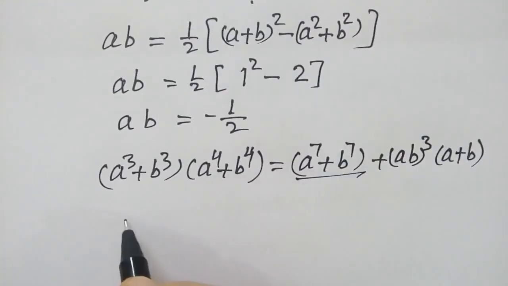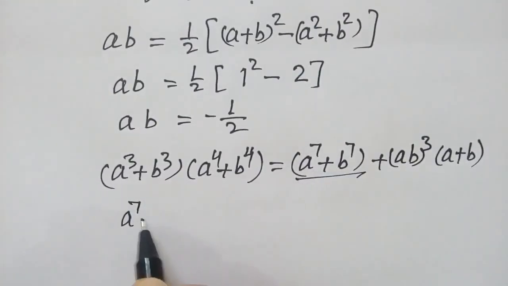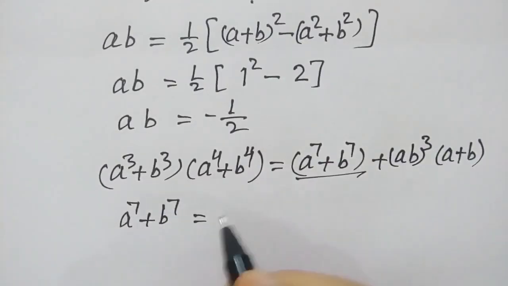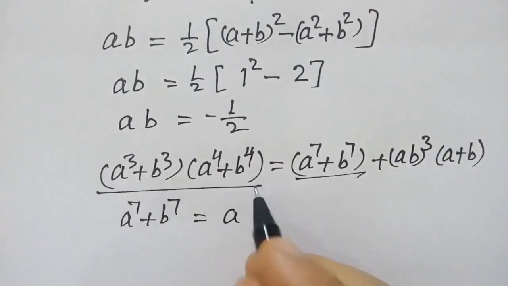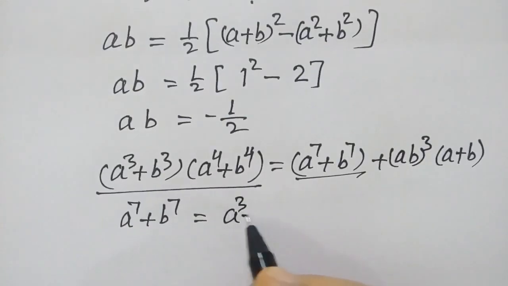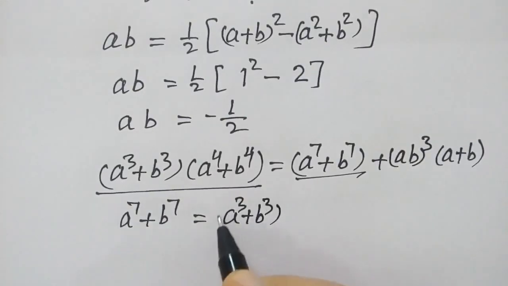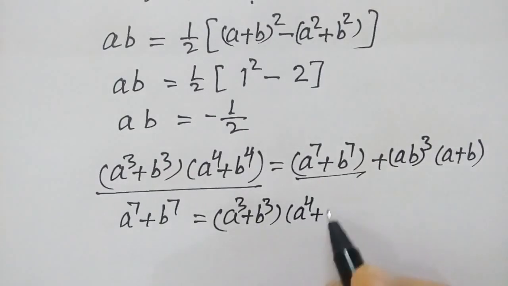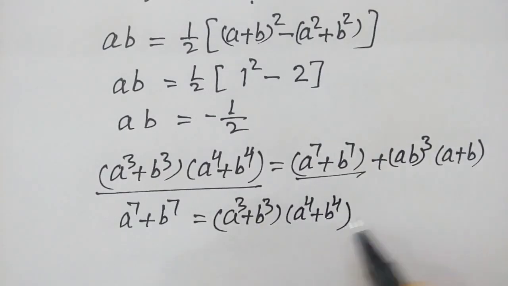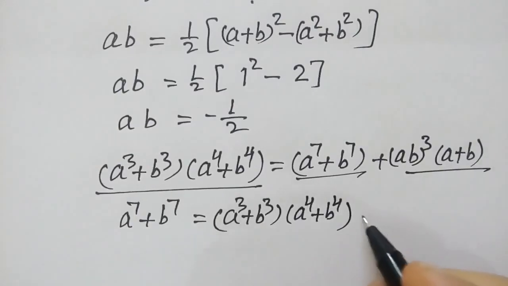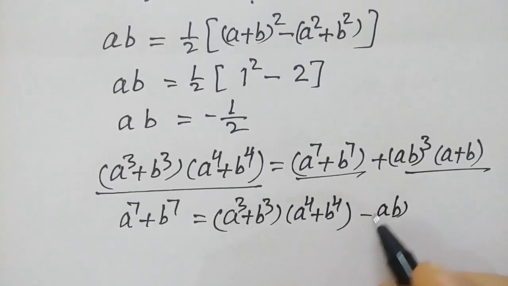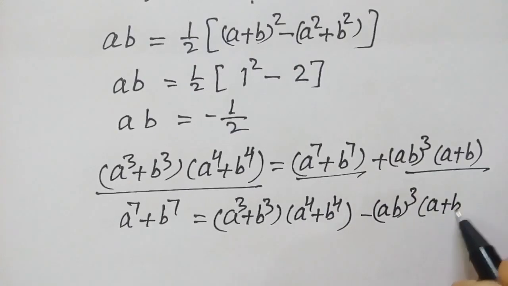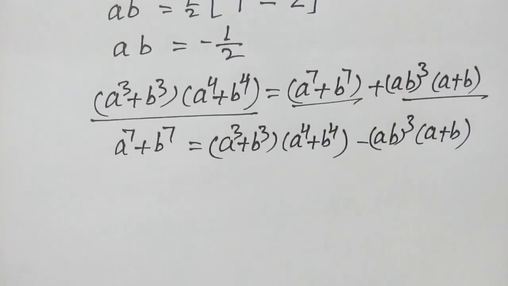Now a to the power 7 plus b to the power 7 is equal to (a cube plus b cube) into (a to the power 4 plus b to the power 4) minus (ab) cube into (a plus b).